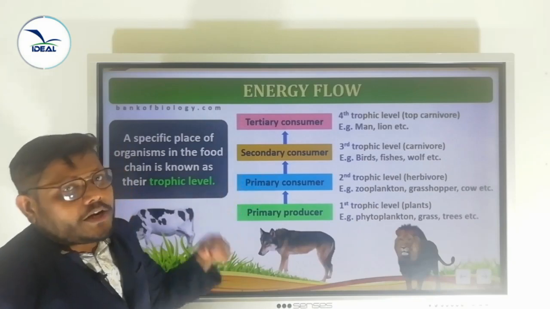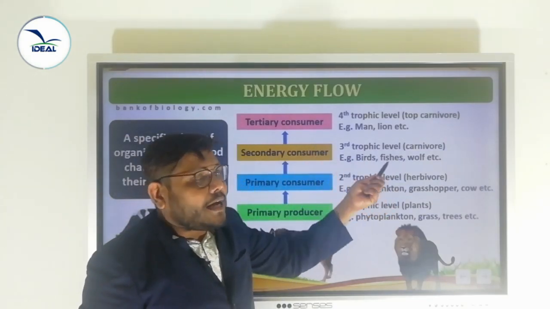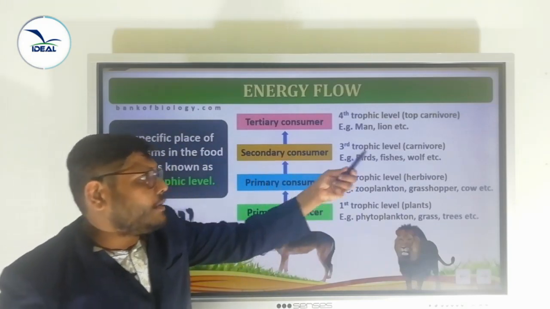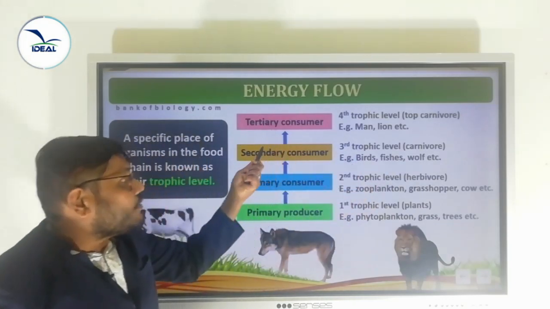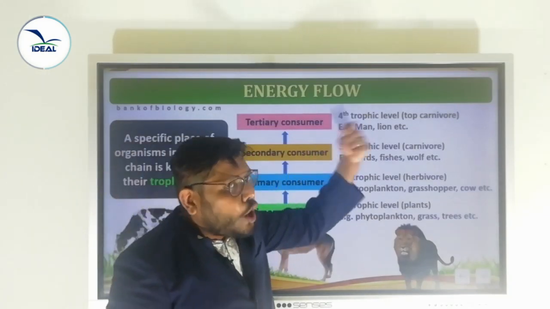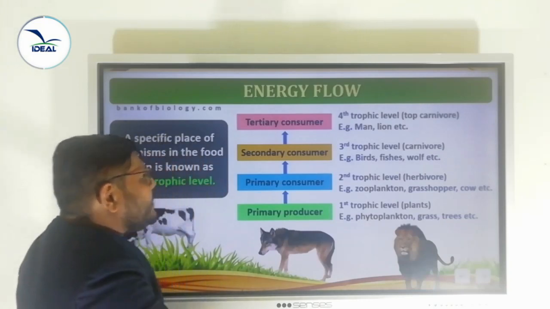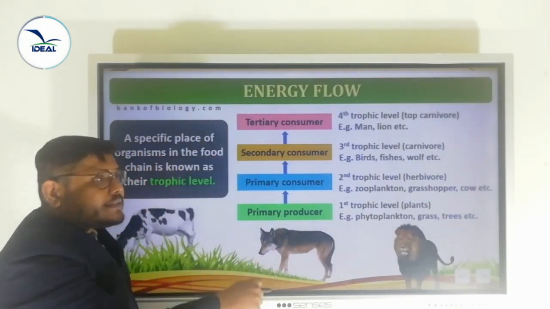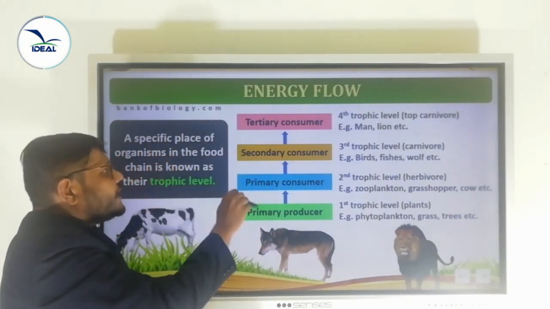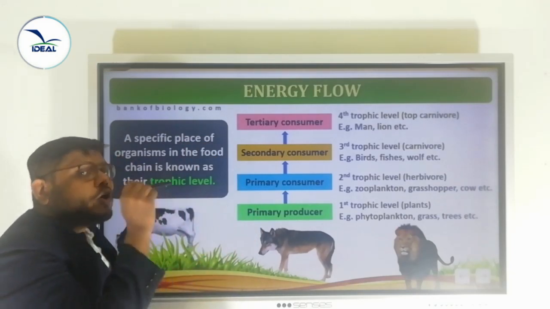After that, the secondary consumer comes under the third trophic level. They are carnivorous, like birds, fishes, fowls, etc. Then the tertiary consumer is the fourth trophic level, the top carnivore level. Examples: man, lion, etc. In this way, different organisms occupy different levels or different places. That is called a trophic level.